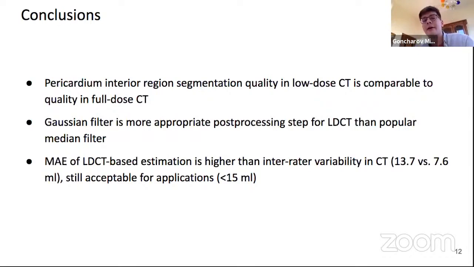And finally, the final quality of our method in low dose CT images is lower than inter-rater variability of assessing epicardial fat volume, but it's still acceptable for applications because acceptable quality of the method is about 15 milliliters.